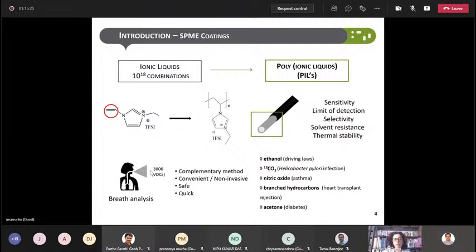We also know that there are a lot of other things that can be detected by breath analysis, especially in the medicine field. For example, if we test nitric oxide in our breath, it means that you're looking for asthma. It has been reported that acetone is for diabetes, and branched hydrocarbons are used in heart transplants to check on the rejection of the organs after they are implanted.